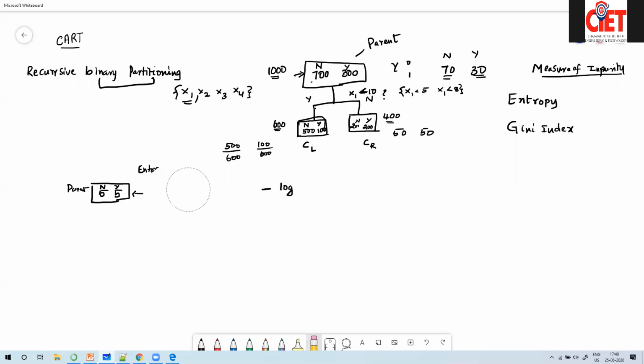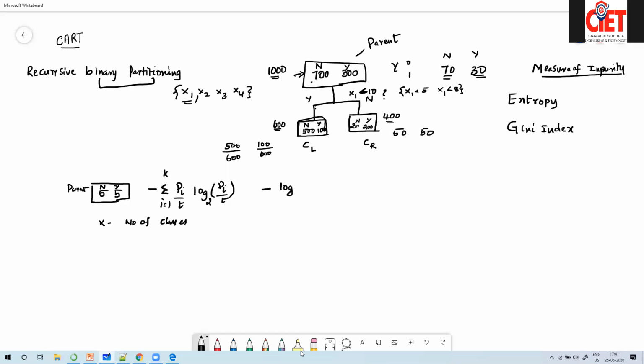Minus sigma P_i by T log of P_i by T to the base 2, where i is equal to 1 to K, and K is the number of classes.